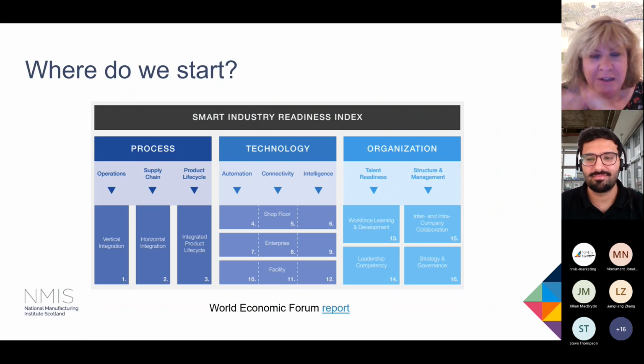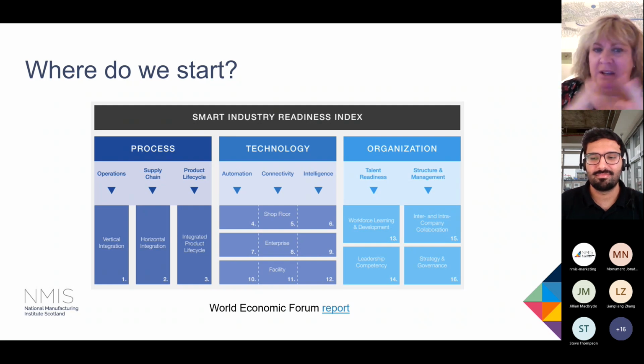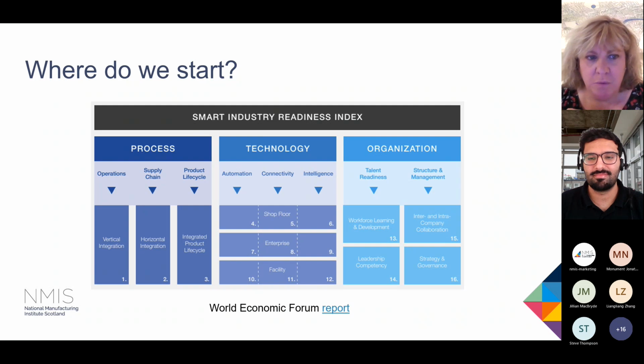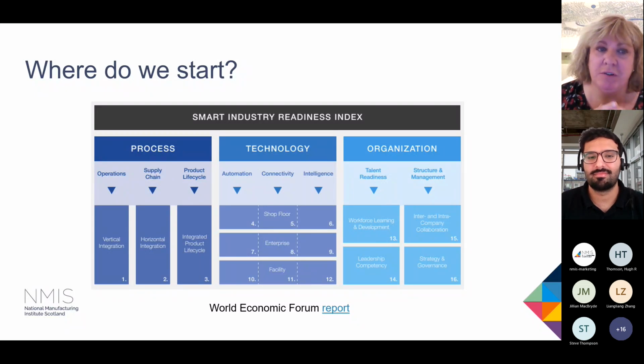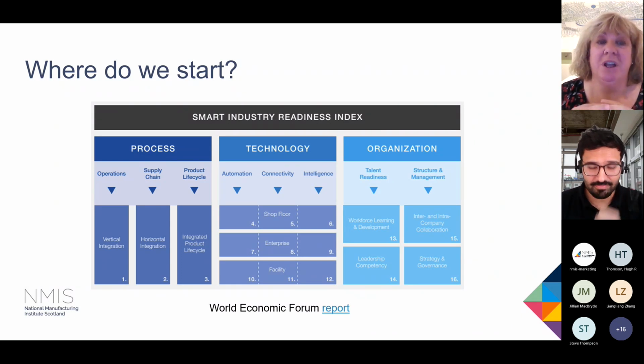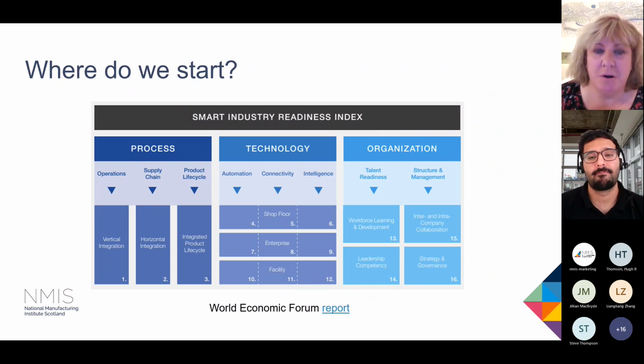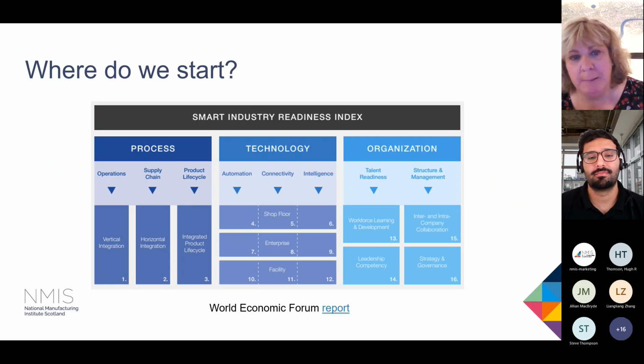So just a little bit more about the Smart Industry Readiness. Basically, it comprises a suite of frameworks and tools to help manufacturers, regardless of their size or industry. And it helps them to start, scale and sustain their digital transformation. Under the Global CIRI initiative, the World Economic Forum, in collaboration with international partners, started building the world's largest data set and benchmarks on the current state of manufacturing.